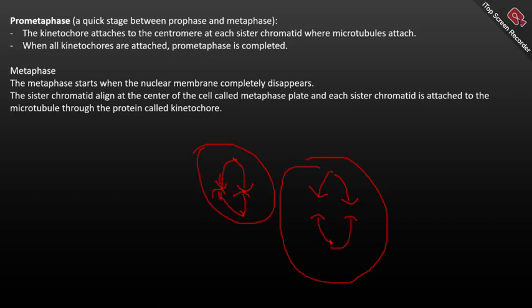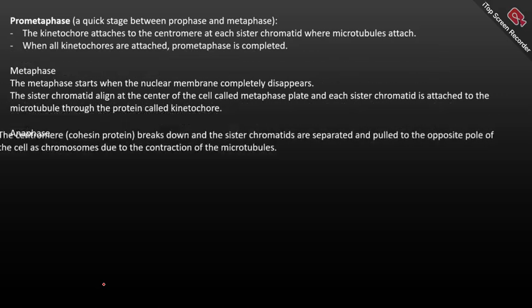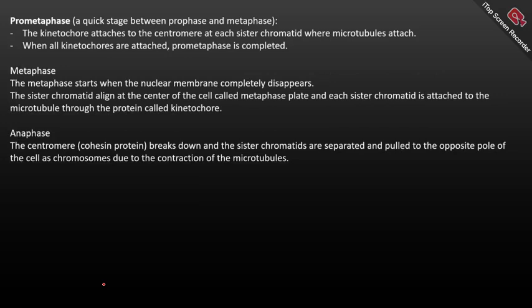That is the anaphase. So we are saying the centromere breaks down, hence the sister chromatids are separated and pulled to the opposite poles of the cell due to the contraction of the what? Microtubules. Very simple.